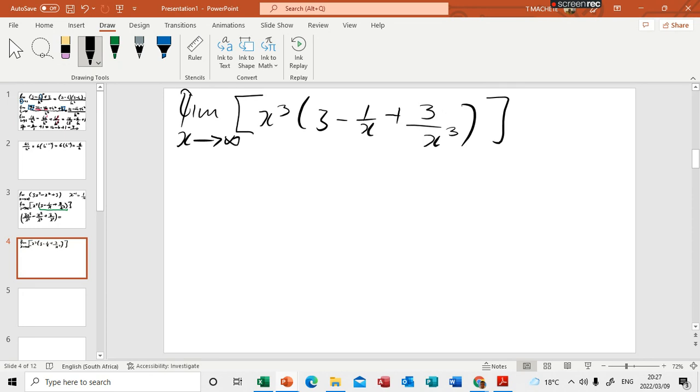So from here, guys, you stop here, and then this is what you're gonna do. After simplifying, after factoring out the one with the highest power, you're gonna put infinity where there's x. So these are the rules, guys.